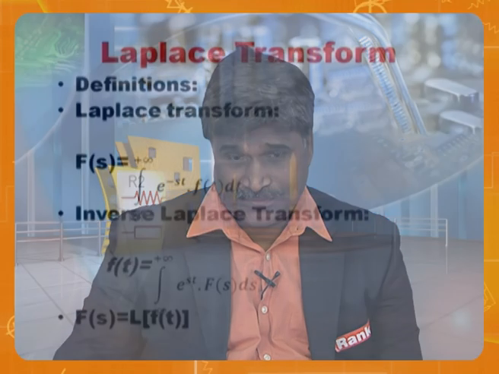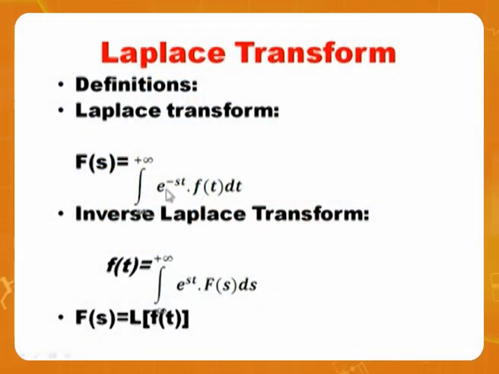There is a definition. F of s is equal to the integral from minus infinity of e power minus st f of t dt. This e power minus st is generally called the kernel, because this is transforming. You are substituting limit for t. When you substitute limit for t, t is replaced, therefore the answer will come in terms of s. Because some people are confused, that's why I am telling.